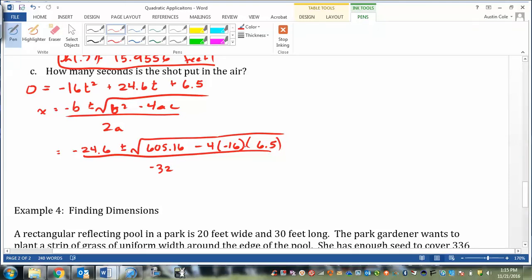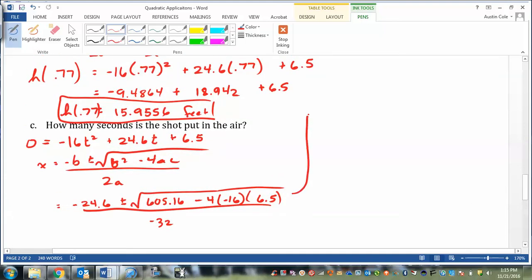What do I get when I multiply those together? 416. So negative 24.6 plus or minus the square root of 605.16 plus 416, all divided by negative 32.